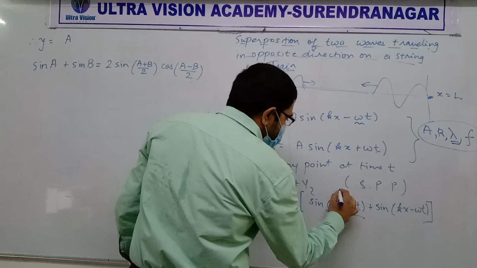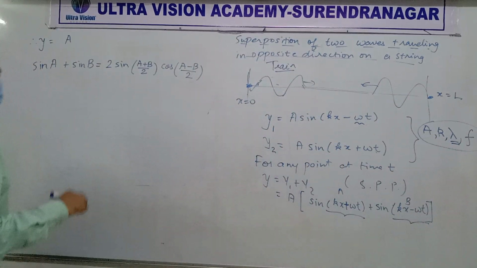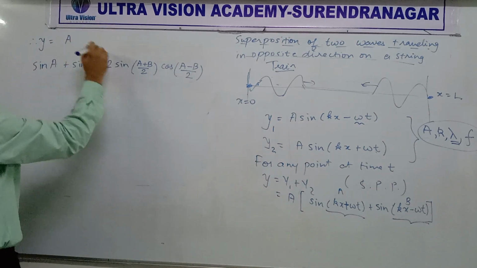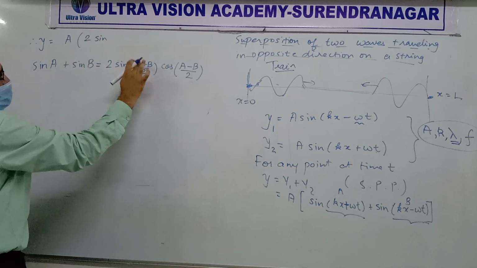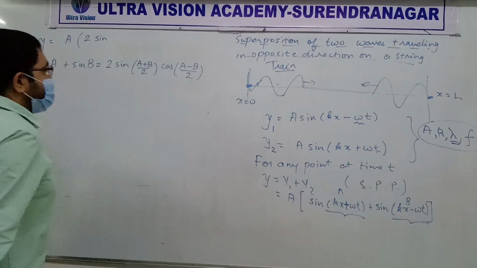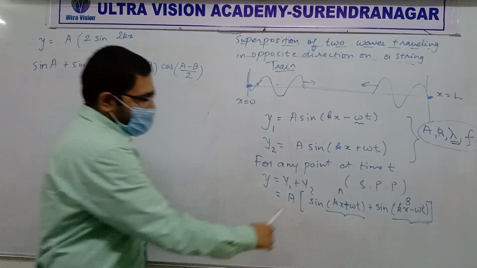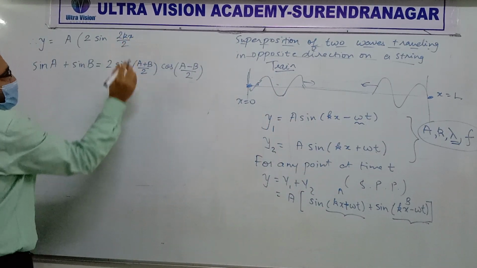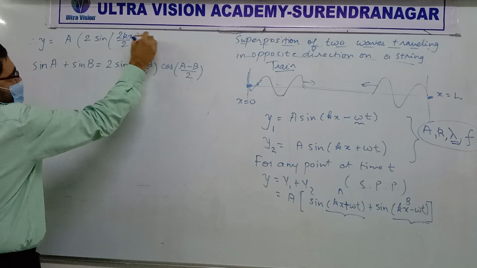This is the first angle A, second angle B. So A outside the bracket as it was now. Formula: 2 sine (A plus B) by 2. A plus B, add. So do you realize you get 2kx? When you add the angles, you get 2kx divided by 2, the 2 cancels, and then cos.